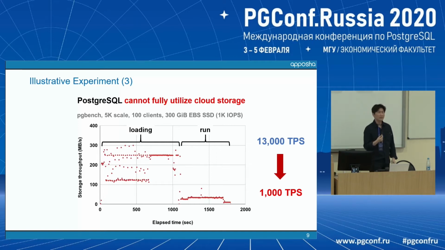But when I ran PGBench, PostgreSQL could only get 20 to 30 megabytes per second from this type of storage. So the final result is 1,000 TPS, which is more than 10 times lower transaction throughput, because unlike NVMe SSD, PostgreSQL cannot utilize the underlying bandwidth.